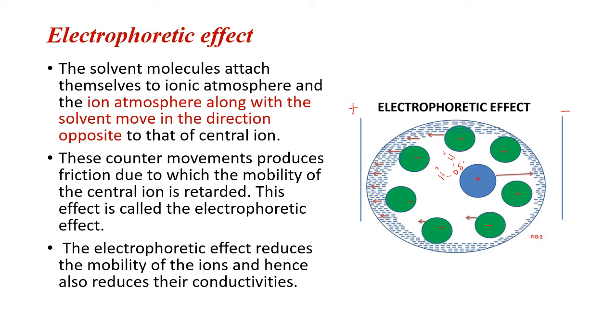So here what is happening is, when the central positive ion migrates towards the cathode, the anions along with the solvent cage migrate towards the anode. So cation along with its solvent cage moves towards the cathode, while the anions along with the solvent move towards the anode.